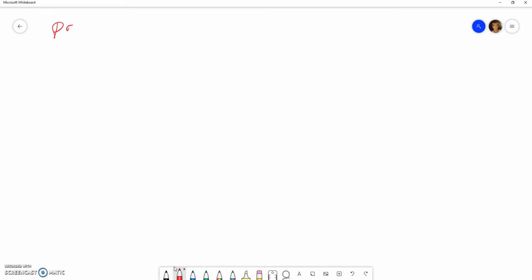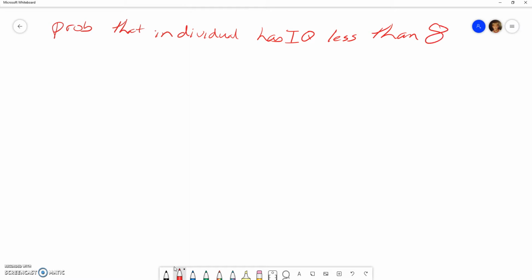Basically, the probability that the individual has an IQ less than 80.